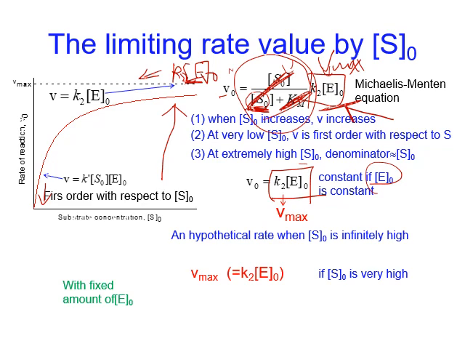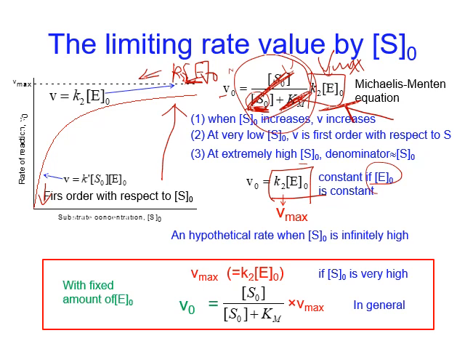If the concentration of the substrate is not high, then the reaction rate should use Vmx times a fraction that involves substrate concentration. It is S0 divided by S0 plus K, Michaelis constant, then times Vmx.